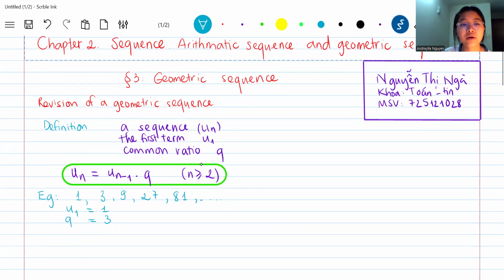We have another thing to recall, which is the general term of a geometric sequence, definition 2.